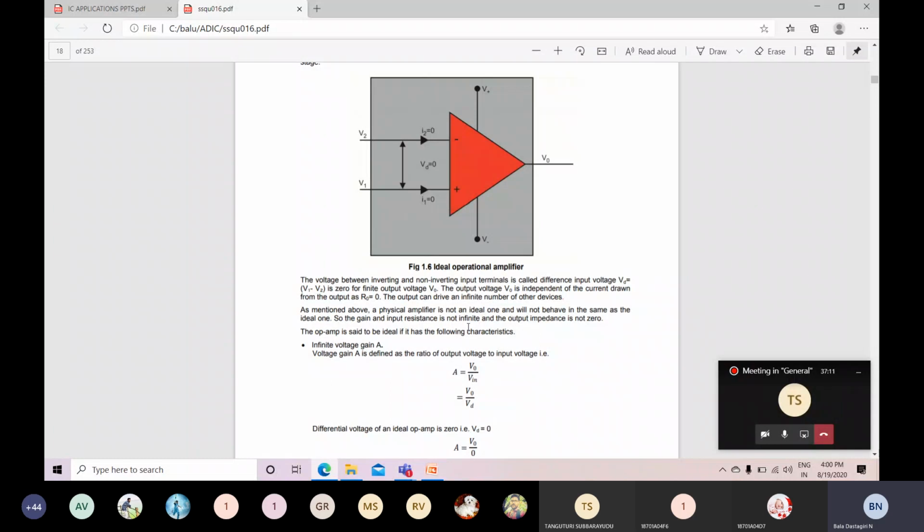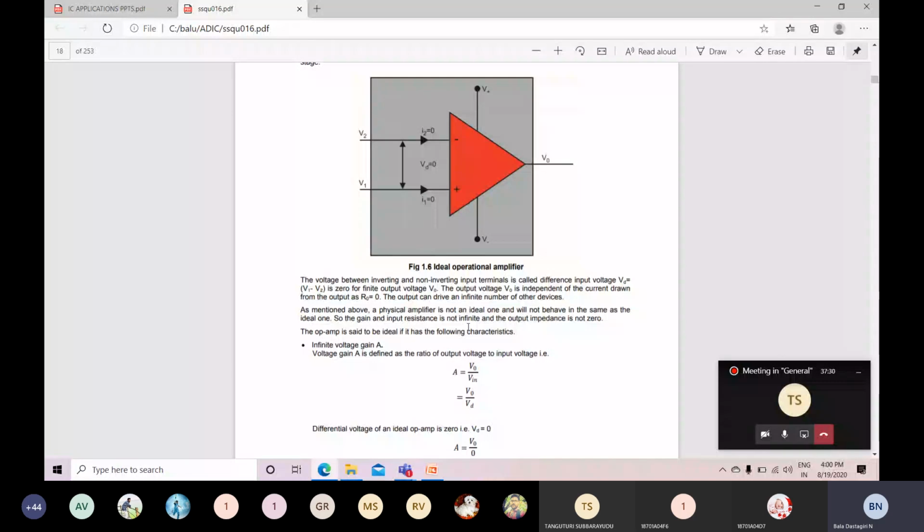That is 0 for an ideal operational amplifier. Also, I1 and I2 are the currents drawn by the input terminals of the op amp. They are normally 0 in the case of an ideal operational amplifier.